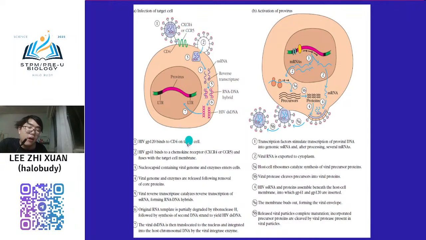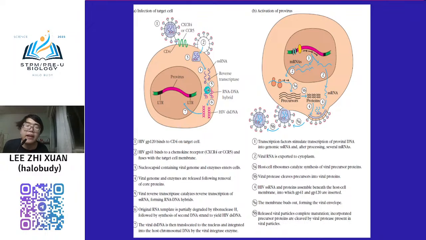Okay, now your virus requires reverse transcriptase. If you still remember the central dogma, in humans you use DNA to become mRNA and then become protein. Now this virus, because it is an RNA virus, cannot directly become mRNA.